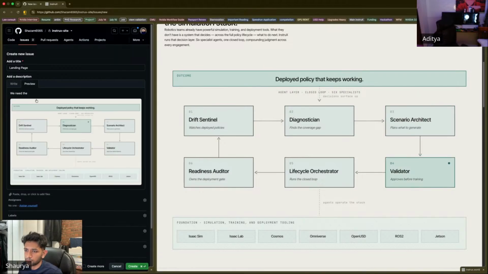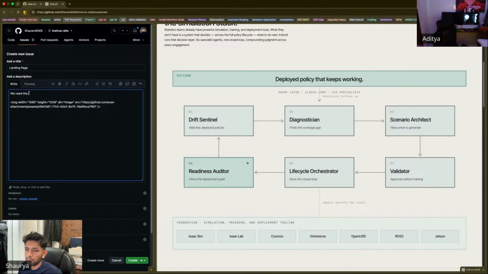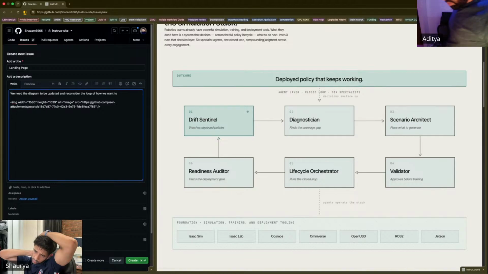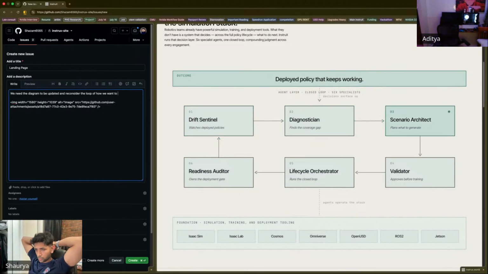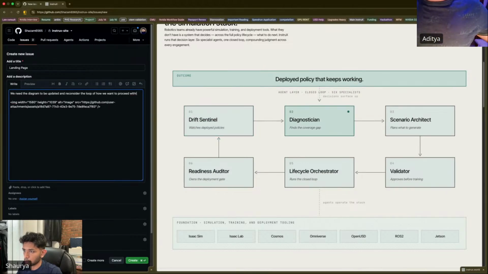I see, look at this. You need the diagram to be updated and you can see the logo.